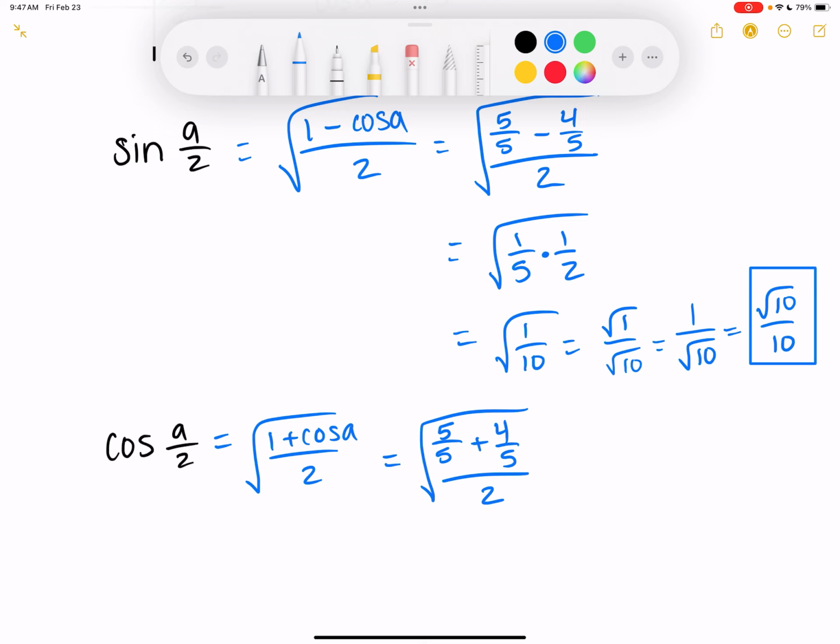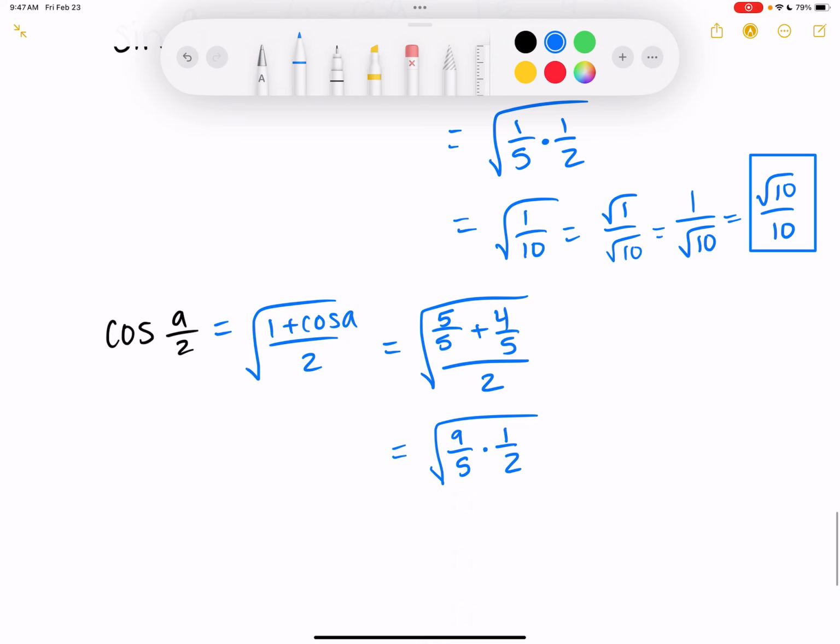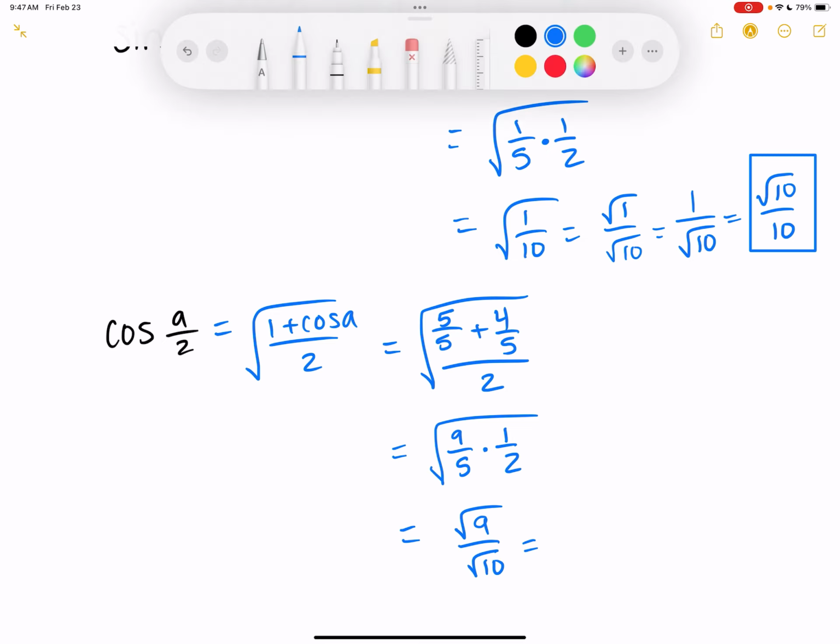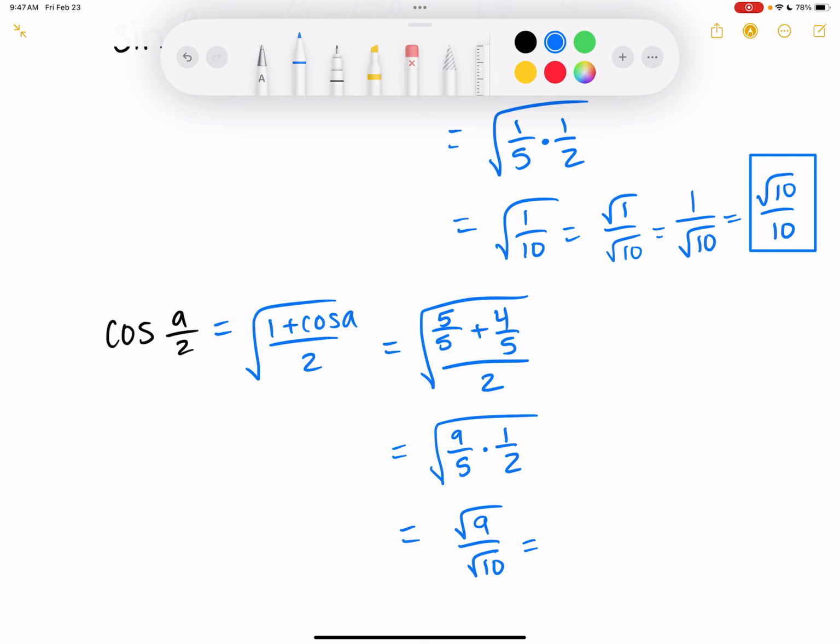So then that is the square root of 9 over 5 times 1/2. Square root 9 over square root 10. Square root of 9 is 3. And I'm going to go ahead and rationalize it here. So this is going to be 3 root 10 over 10.